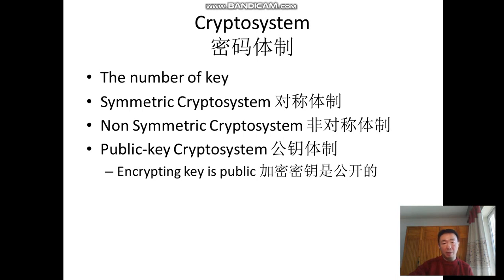There is a very important thing to mention. The number of keys is very, very important to the practical system. In the Caesar system, obviously, the total number of keys is 25, which is not secure. It's not safe because you can brute force, try every one, and you will quickly break the ciphertext.